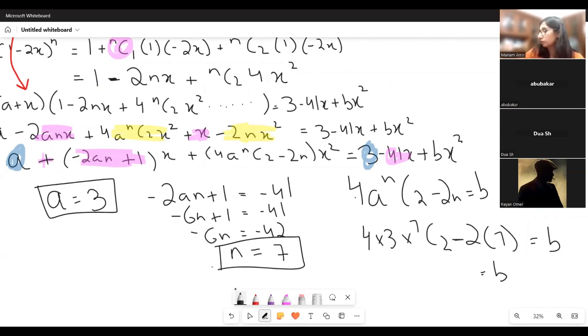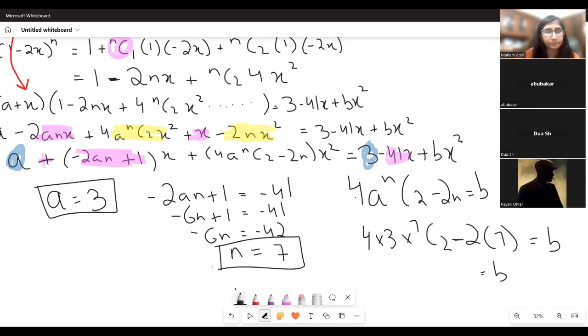So that gives us 21 into 7c2 minus 14 is 427. Something has gone wrong.